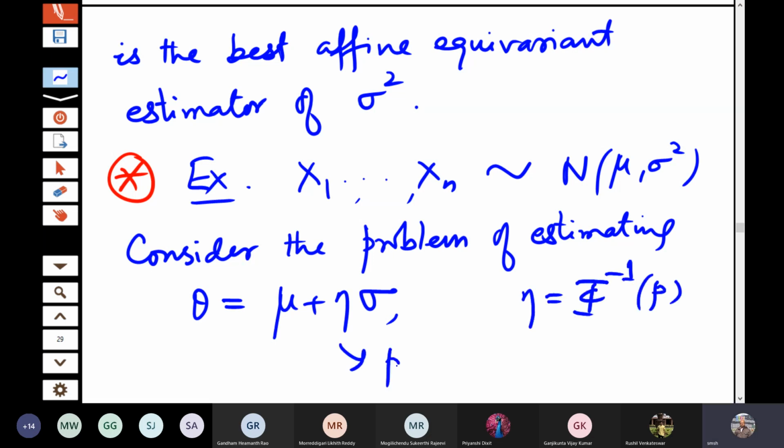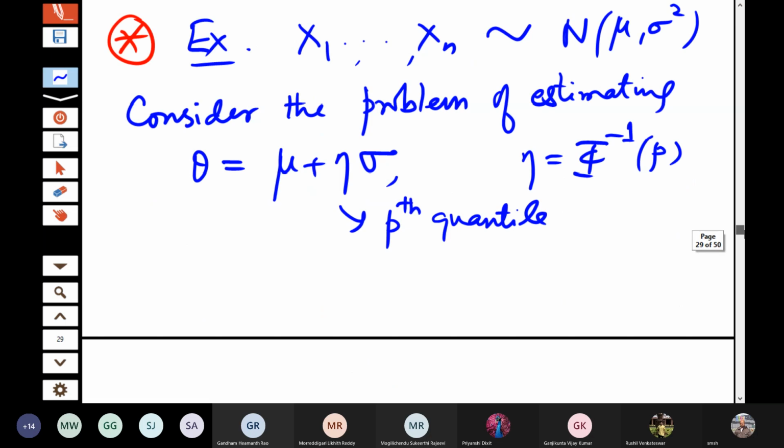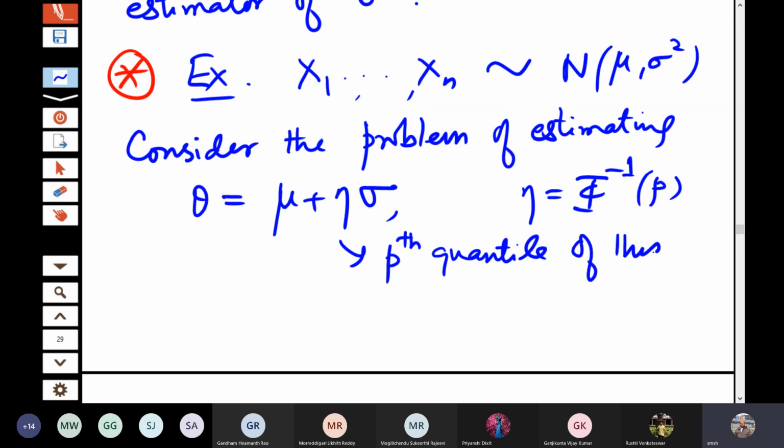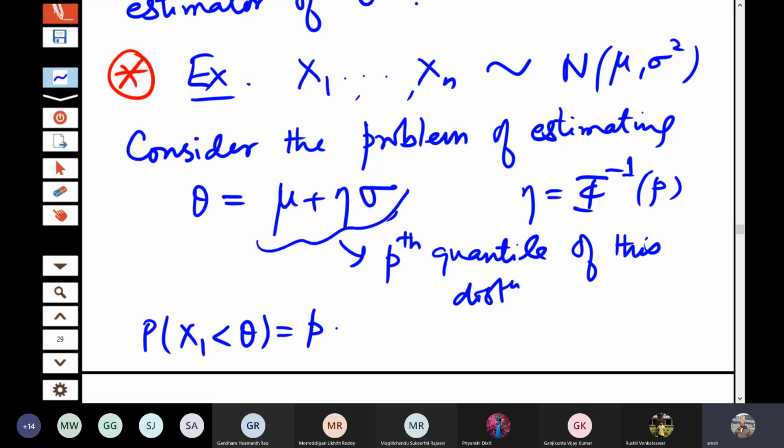Then this is actually the pth quantile of this distribution. That means probability of x1 less than or equal to theta is equal to p. This is the pth quantile. So I am interested in estimation of this.